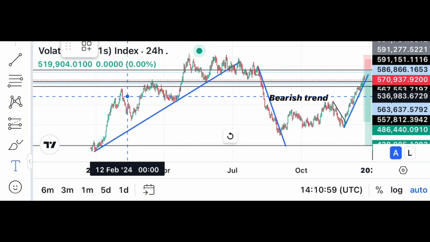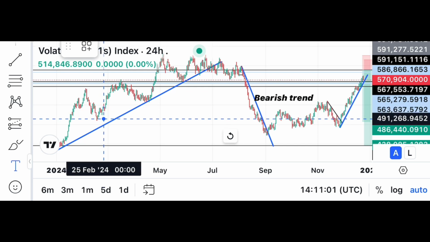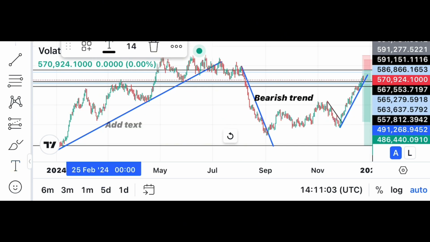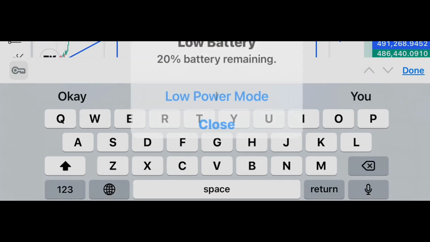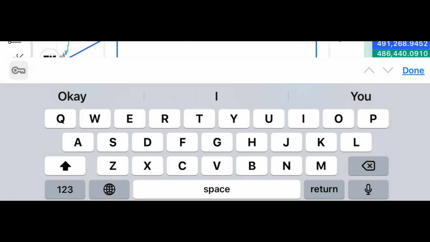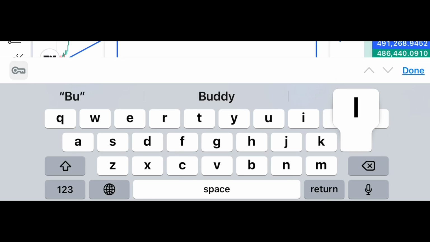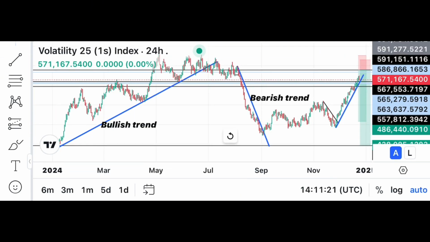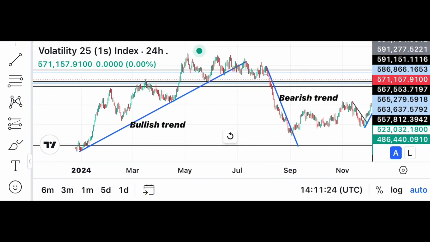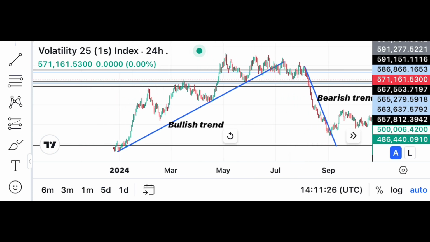Sorry, low battery. Bullish trend. Okay, so this is a bearish trend going downward. This is a bullish trend going upward. And don't forget, these trends are placed at the tips of the candlesticks.